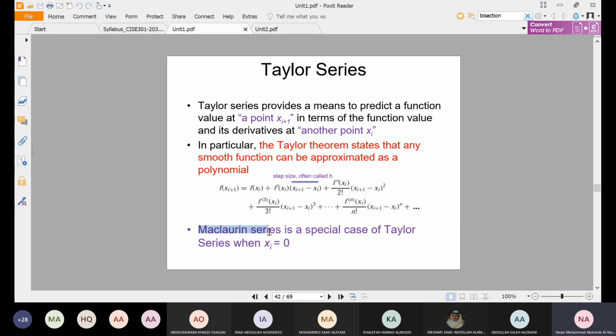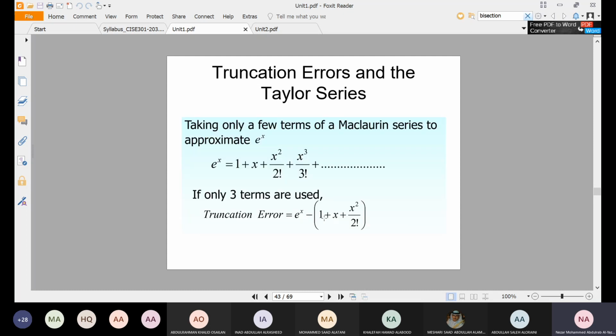For a simpler version of Taylor series, we use the Maclaurin series, which is a special case of Taylor series. We use it with center x(i) equal to 0. Also, we reviewed truncation errors, and we said these are errors usually because of mathematical computation, approximation and the mathematical procedure.